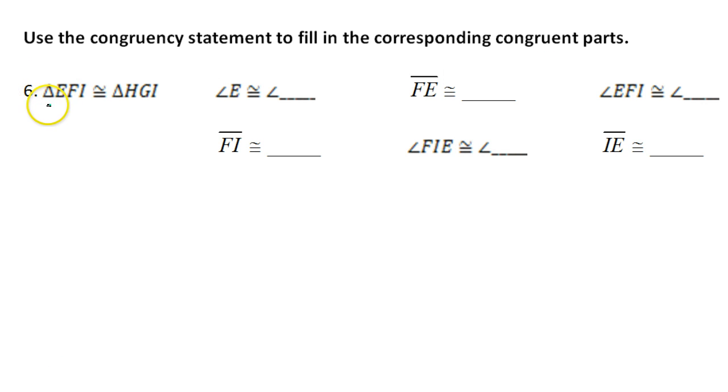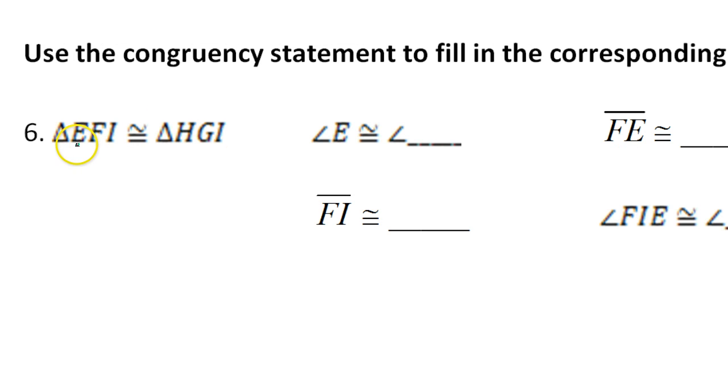Alright, looking at the congruent statement in number 6, angle E is first, angle H is first. So angle E must be congruent to angle H. Looking at segment FI, alright, in the first triangle FI, they are the second two, so that must be congruent to segment GI, which are the second two.